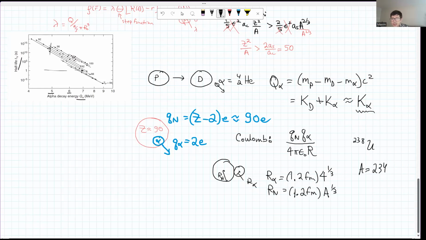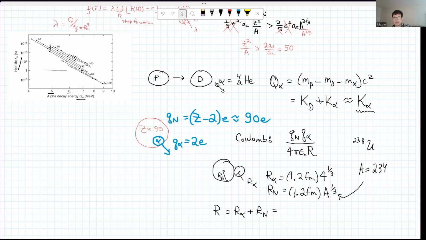After the alpha particle pops out, the nucleus will have an A of 234, and we can plug that in here. And then the separation will just be the sum of those. They're going to be R alpha plus R nucleus apart, and we can plug in these numbers.